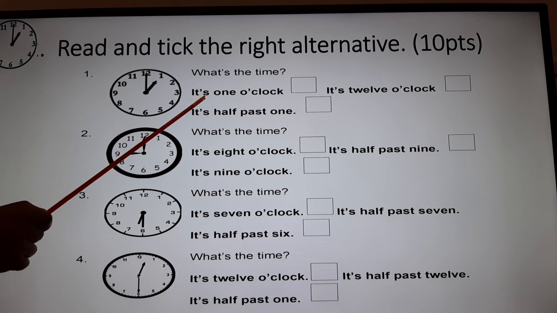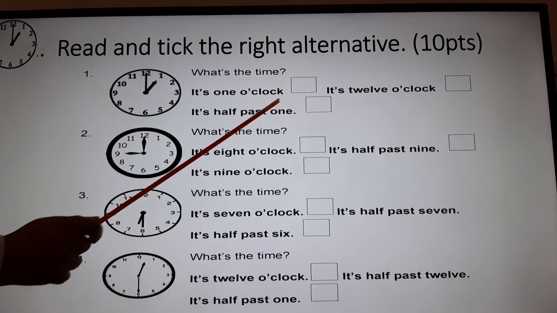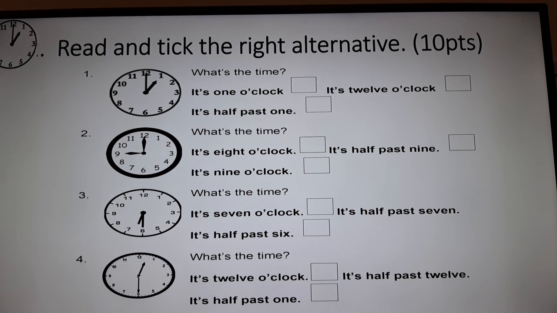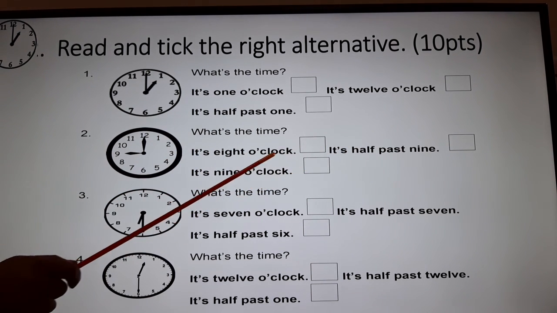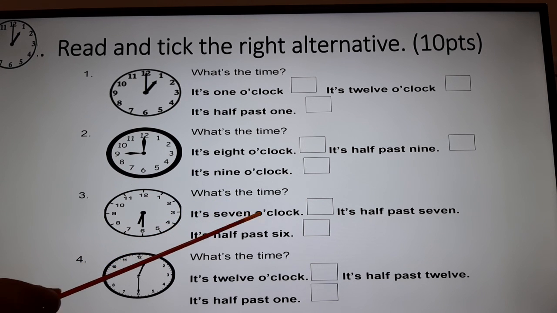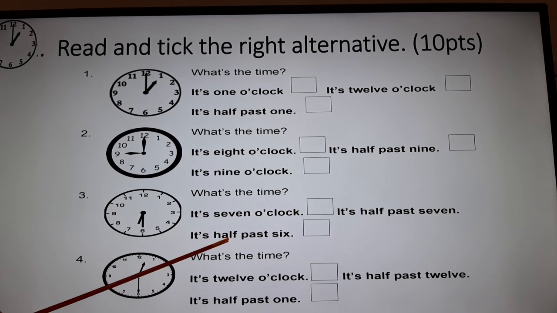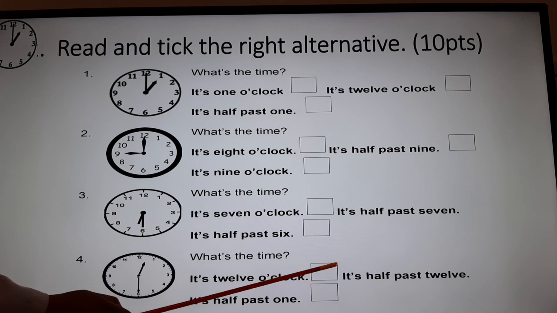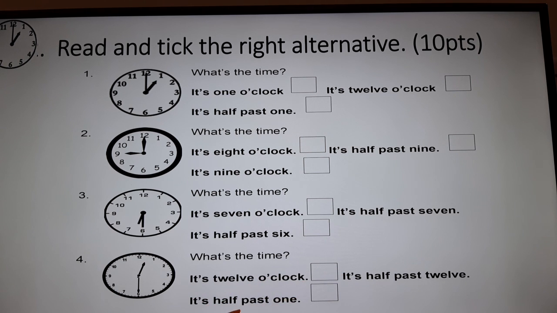Is it 1 o'clock, 12 o'clock, or 1:30? For number 2, it's 8 o'clock, 9:30, or 9 o'clock. For number 3, what's the time? It's 7 o'clock, 7:30, or 6:30. And 4, what's the time? It's 12 o'clock, 12:30, or 1:30.